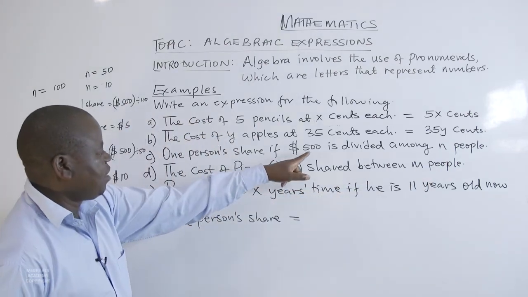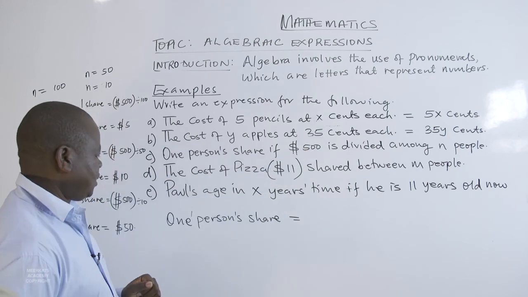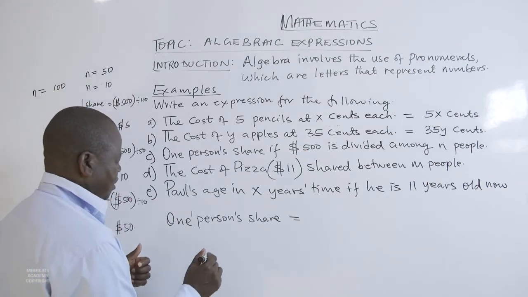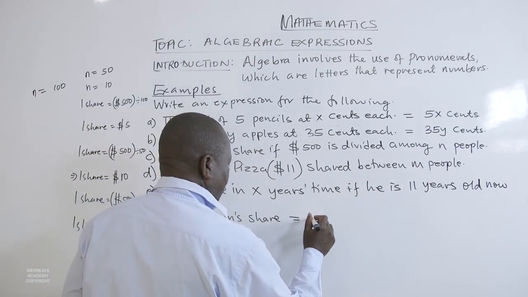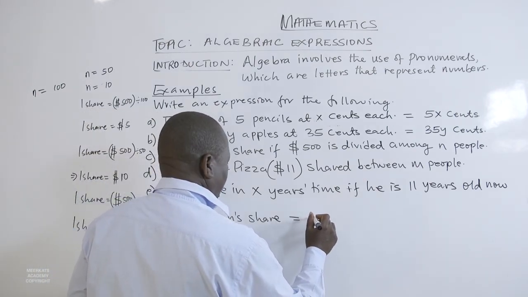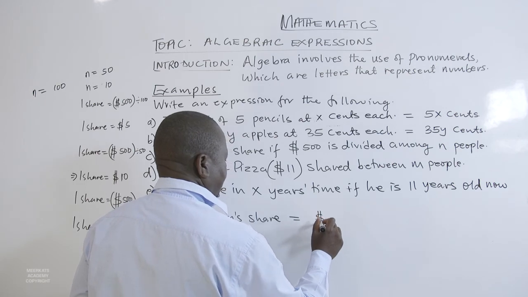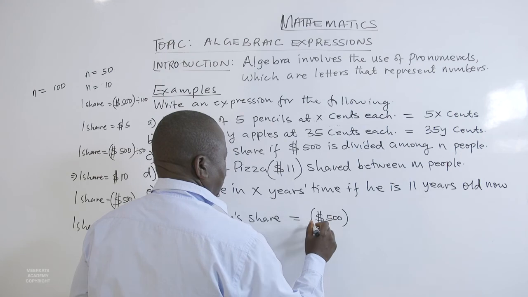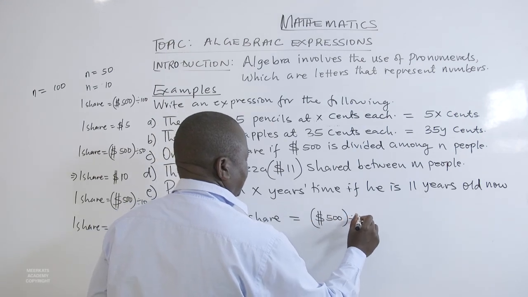So that is the mathematical connotation that we get when we are told that n number of people are to share $500. So n number of people will share, therefore, in general, one person's share will be $500 divided by n.